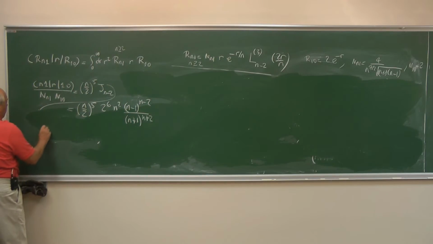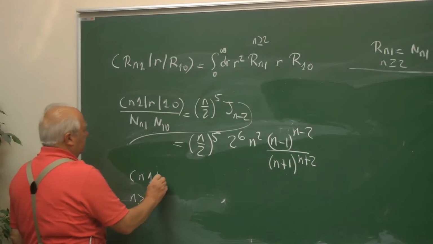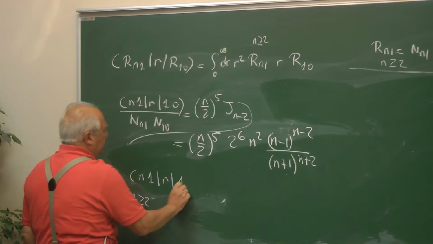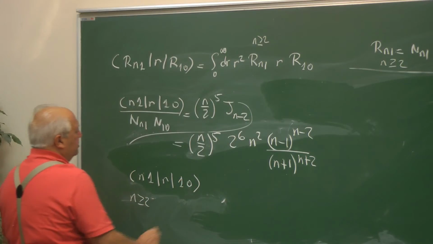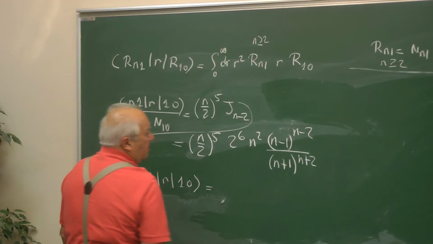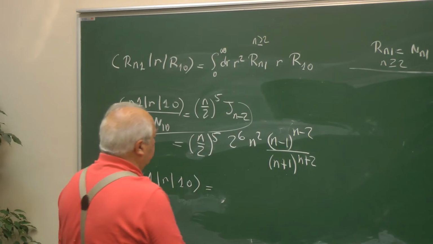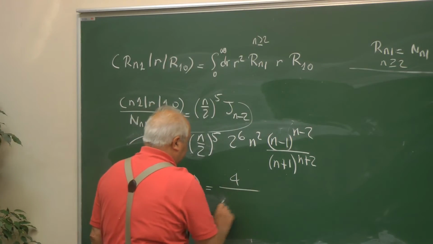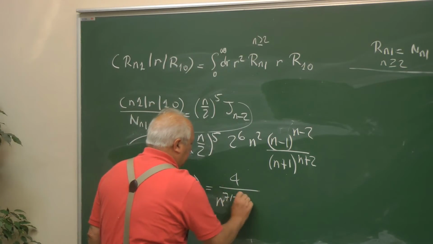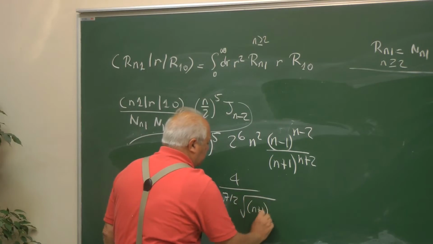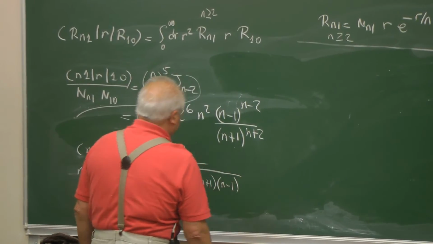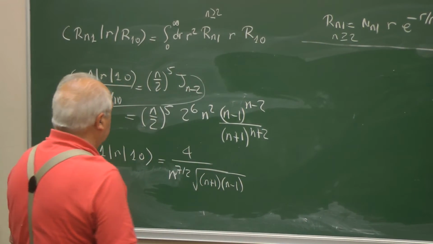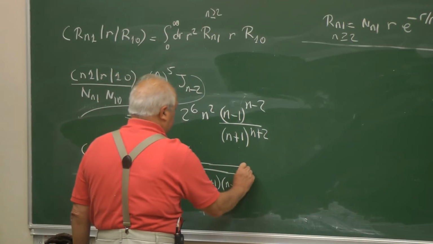So N1 and 2R, this is the dynamical coupling through the electric dipole operator, is equal to 4 over n7 root n plus 1 n minus 1, and then I have another 2.